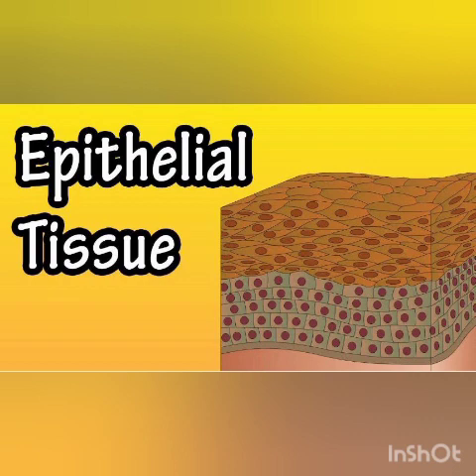At the basement of this continuous sheet, one membrane is present, which is called the basement membrane. And this membrane separates the epithelial tissue from the rest of the underlying tissue. I hope all of you have understood.